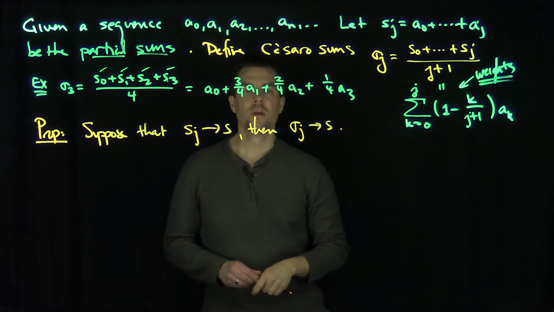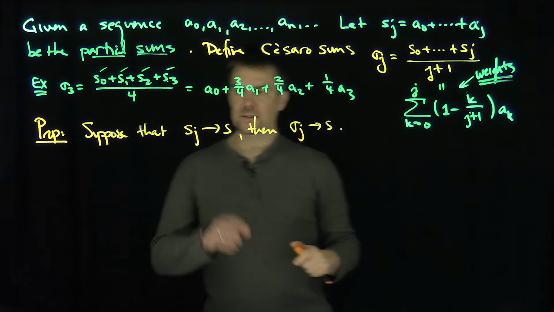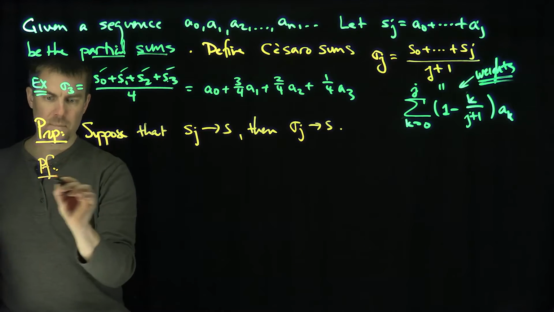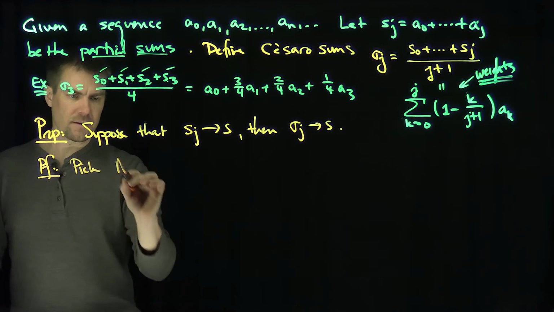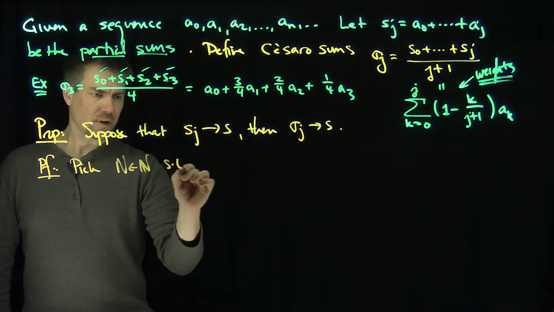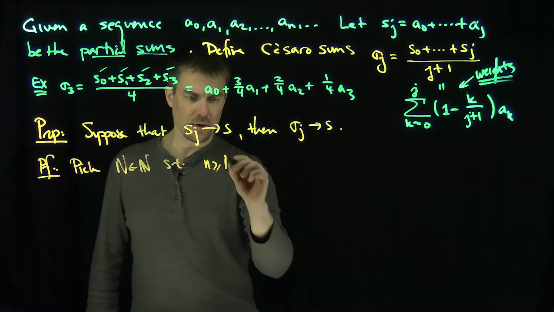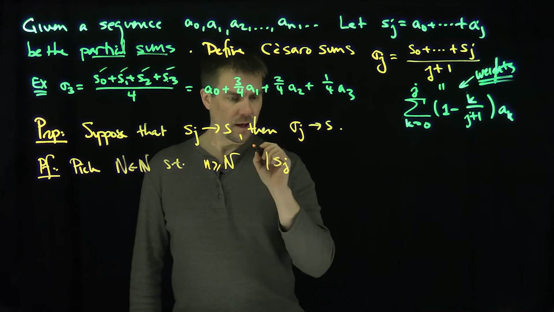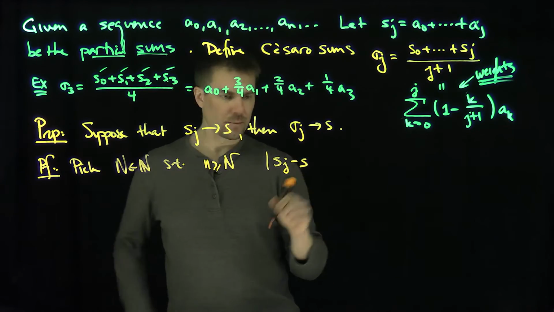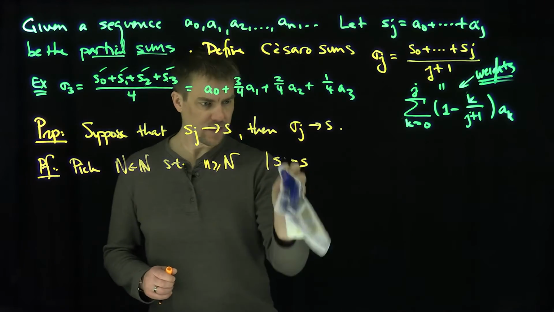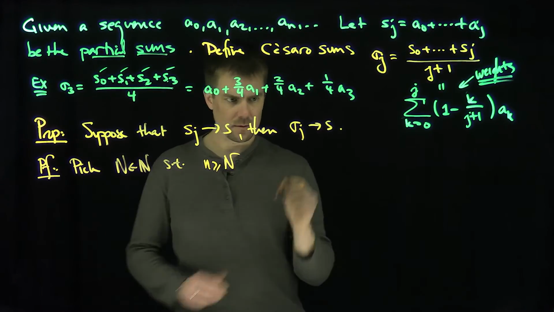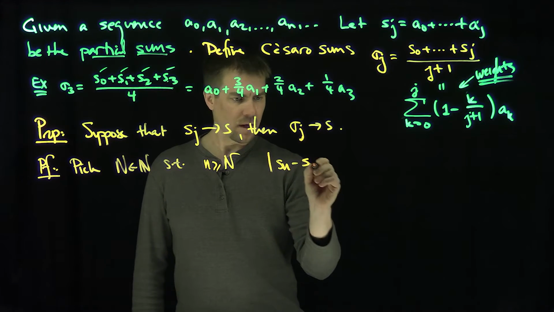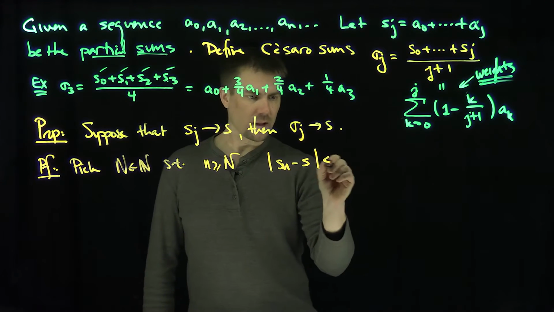Okay? And so here's the idea. Since Sj converges to S, here's the proof: pick capital N in the natural numbers such that if n is bigger than or equal to capital N, we have the absolute value of Sn minus S less than epsilon.